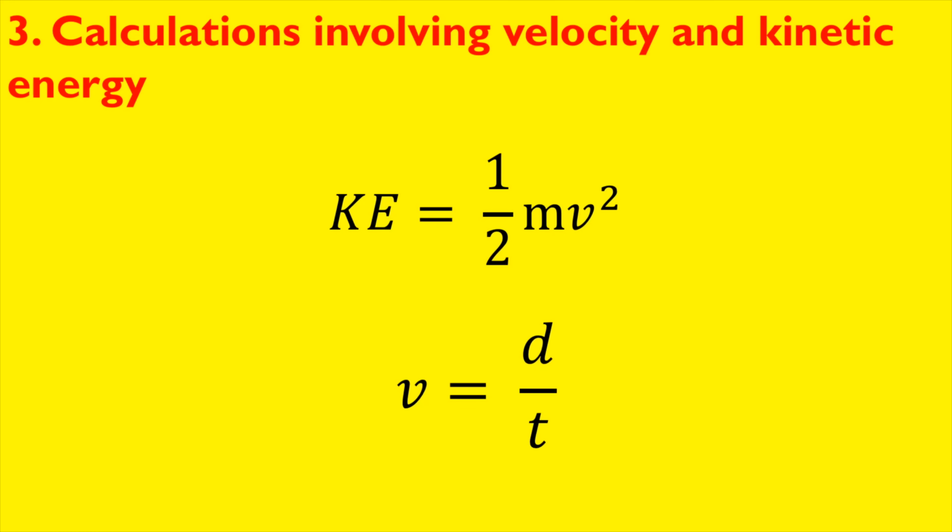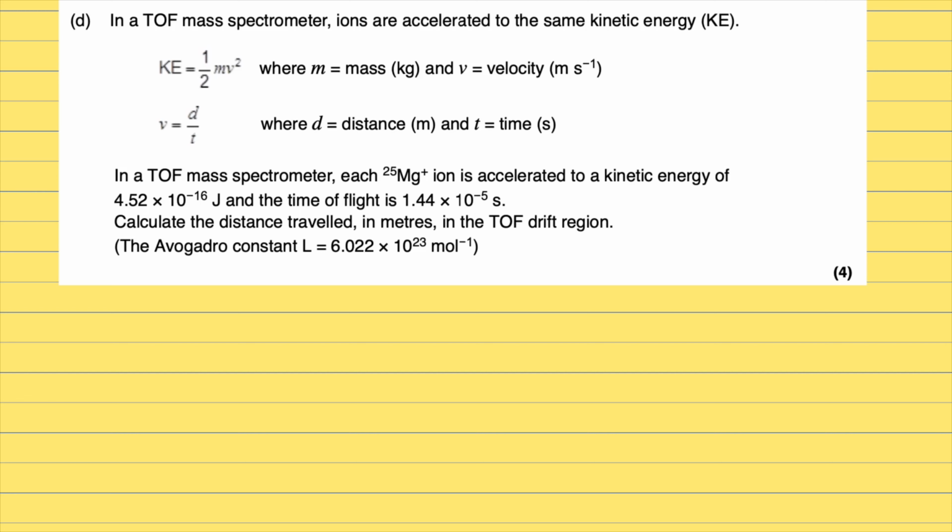Okay, third thing we said we would look at today is calculations involving velocity and kinetic energy. Okay, let's have a look at this question. In a time of flight mass spectrometer, ions are accelerated to the same kinetic energy. We're given the equation KE equals 1/2 mv squared and v equals d over t.